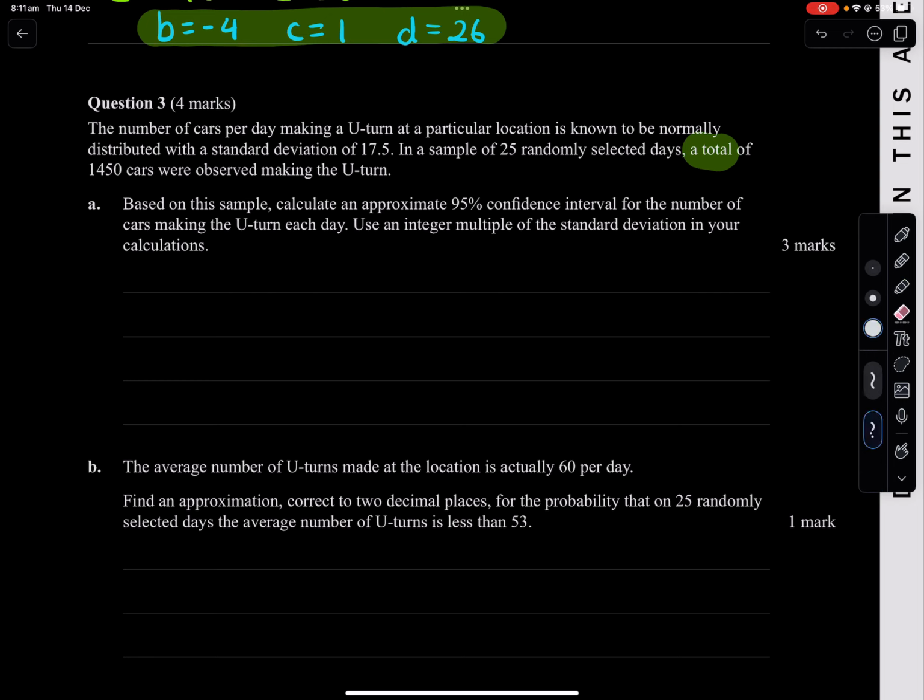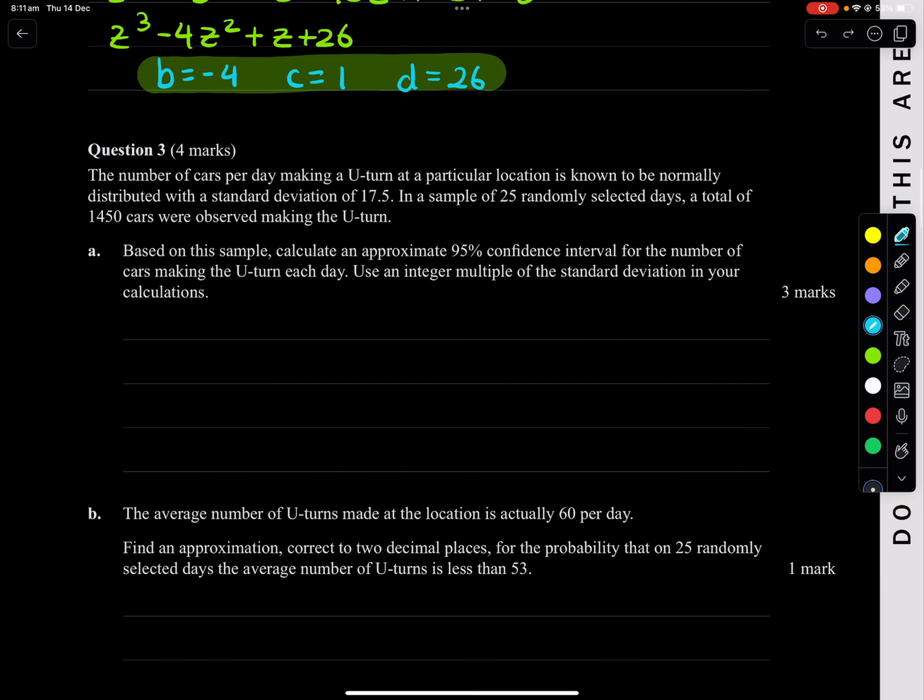What we want to be careful with is how many U-turns are made per day in those 25 days. So what we're going to do is just 1,450 divided by 25. So it will help us with the question. So what's 1450 divided by 25?